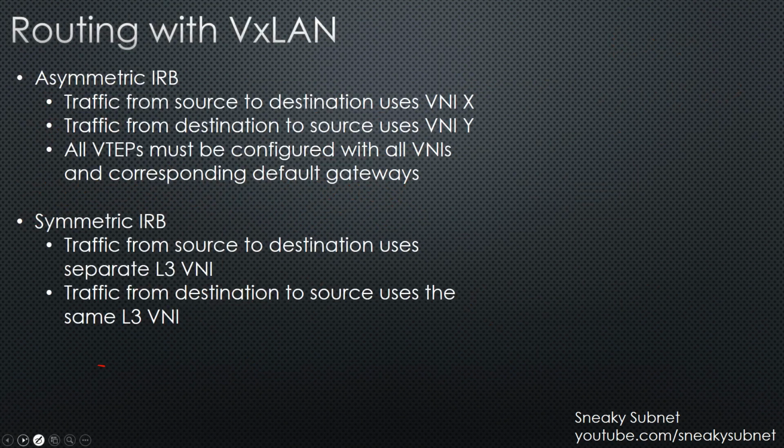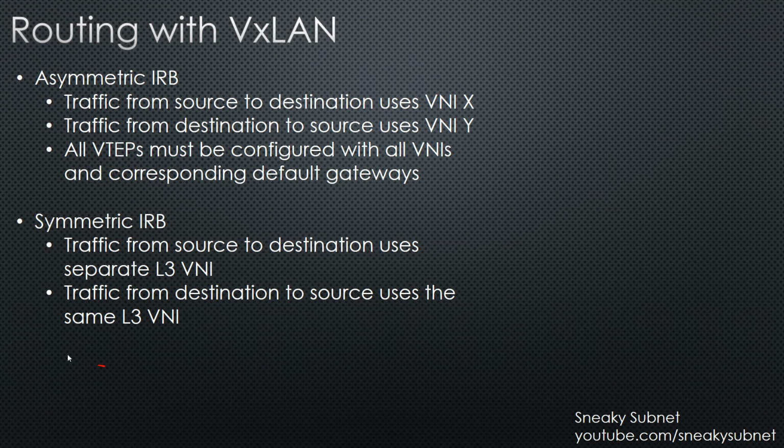So we are ready to talk about our final topic for today, which is routing with VxLAN. So far we were talking about just regular bridging, how VxLAN networks forward traffic, assuming that hosts are in the same IP subnet and the same broadcast domain.